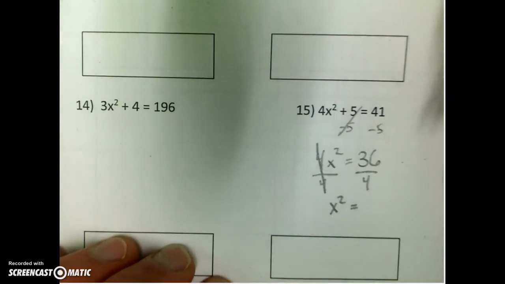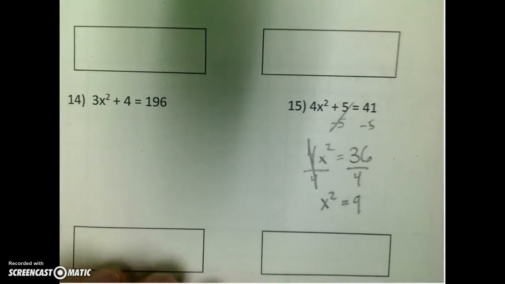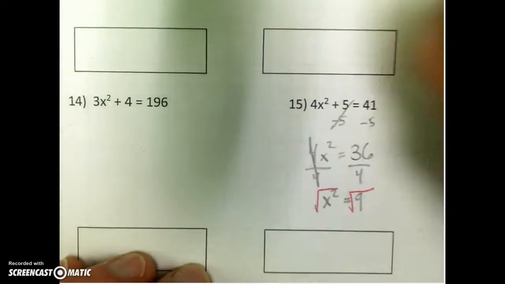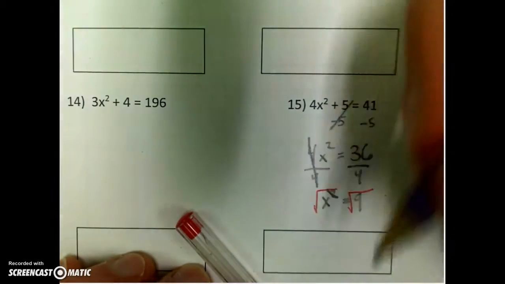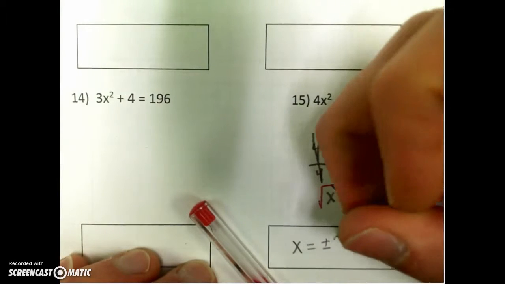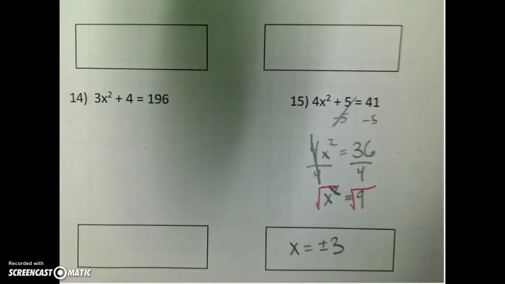And we're going to get that x squared here is equal to a 9. And now we can take that square root. All right, so we'll square root both sides. Since these are opposites, we'll get that x is equal to the square root of 9, which is a positive or a negative 3. Remember, always take that square root step last.